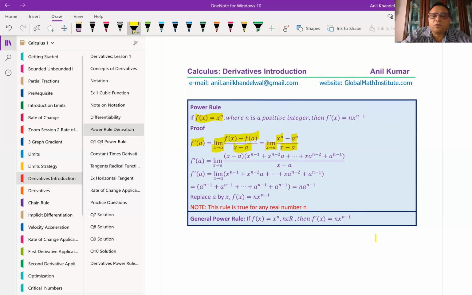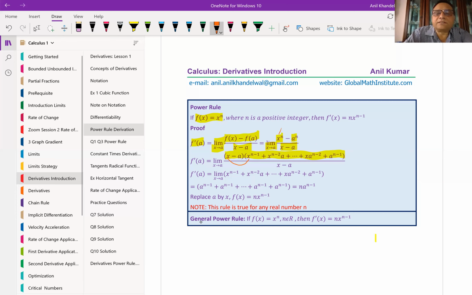Without going into how I get this expansion, x to the power of n minus a to the power of n is written in the factored form right there. You can verify this formula by expanding it. When you multiply with x, then x times x to the power of n minus 1 will give you x to the power of n, correct?